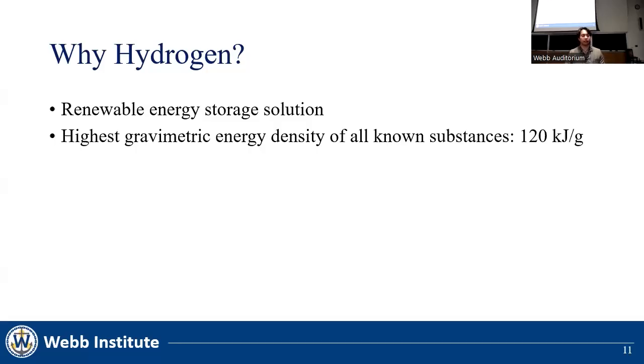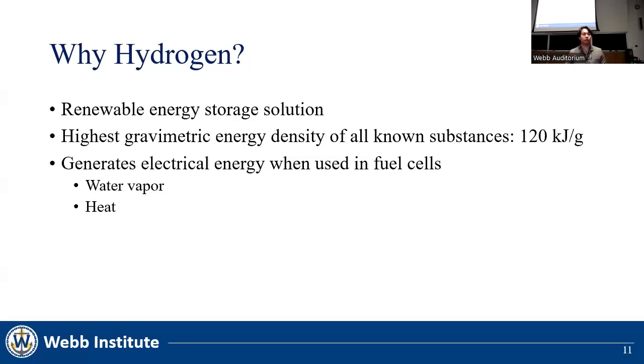Hydrogen is effective at doing this because it has the highest energy density of all known substances at 120 kilojoules per gram. When used in a fuel cell, hydrogen can generate electrical energy with zero greenhouse gas emissions, with the only byproducts of using hydrogen in a fuel cell being water vapor and heat.